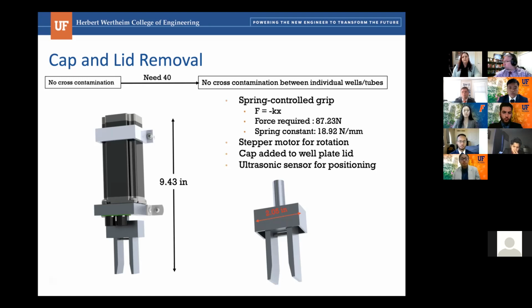And so this device is positioned using an ultrasonic sensor, and it is connected to our material transport system so that it can move in the X, Y, and Z axis in order to accurately position itself over all of the conical tubes and well plate lids.